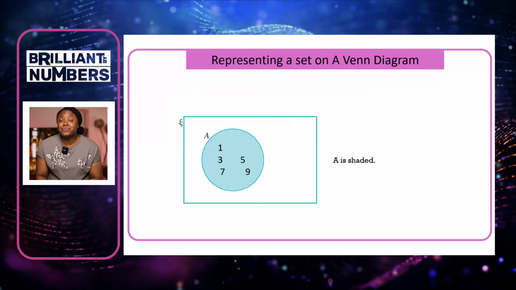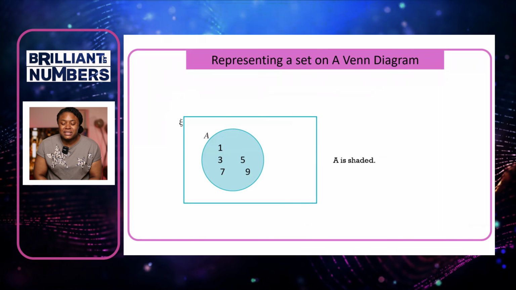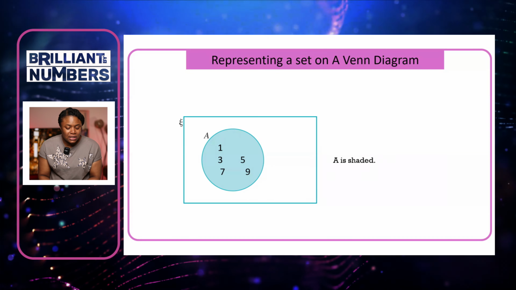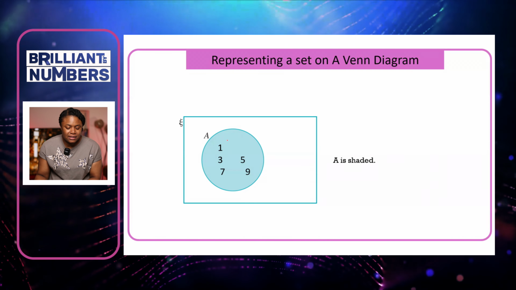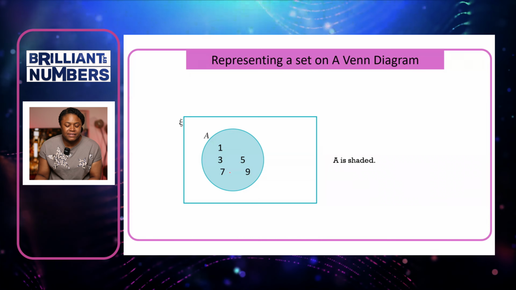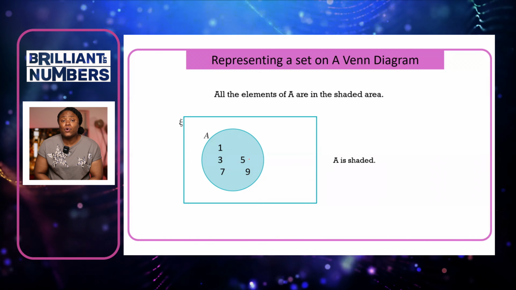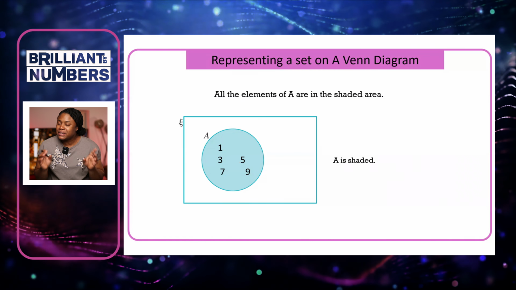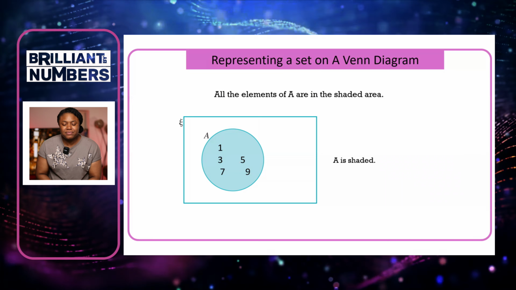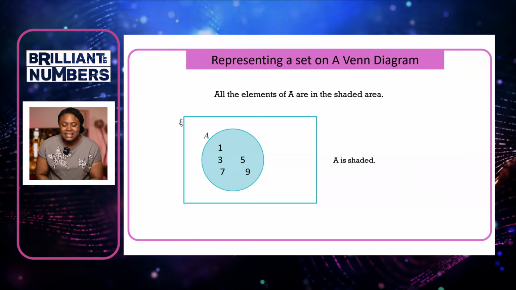Moving along, we can use Venn diagrams to represent a set. For example, I talked about earlier the set of odd numbers less than 10. This is what it looks like if we put this on a Venn diagram. We have a solid circle here that represents set A, and within the circle we write 1, 3, 5, 7, 9. So all the elements in A, which are in the shaded area, represent that set of odd numbers that is less than 10.